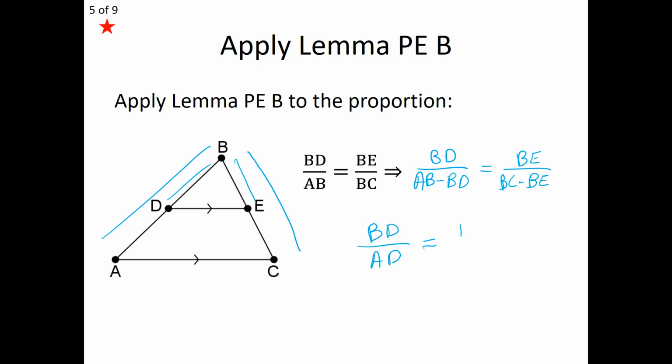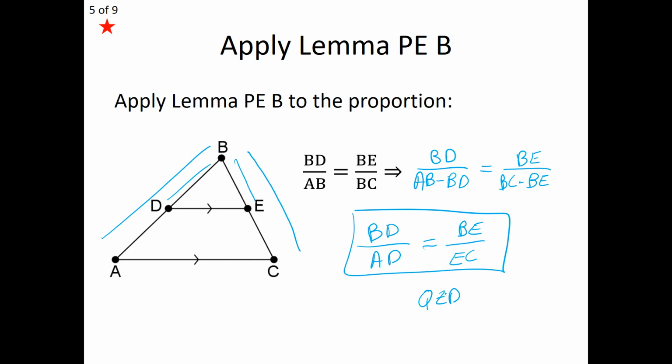And the denominator of my second ratio, BC minus BE, simplifies to simply EC. And we have arrived at the conclusion that we were looking for, that the four parts of these two sides of a triangle, BD, AD, BE, and EC, are proportional to each other. So this is our conclusion to our proof of the TPT, so QED. Okay, we've arrived at the end. So really, the proof is not tricky.